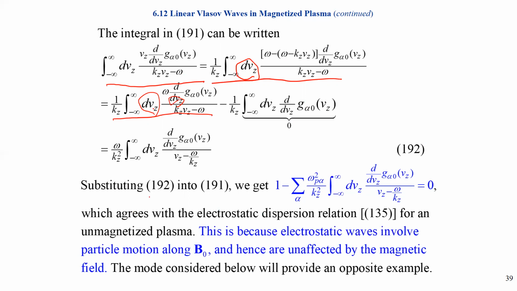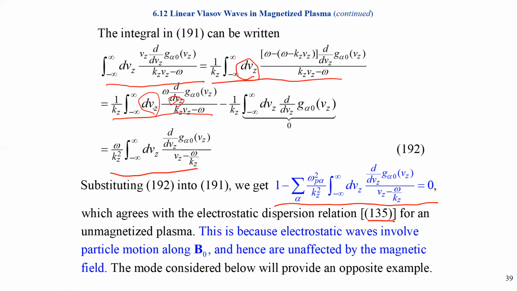So eventually we obtain an equation we're familiar with. We spent a lot of time on the electrostatic wave, which agrees with the electrostatic dispersion relation we found in equation 135 from unmagnetized plasma.